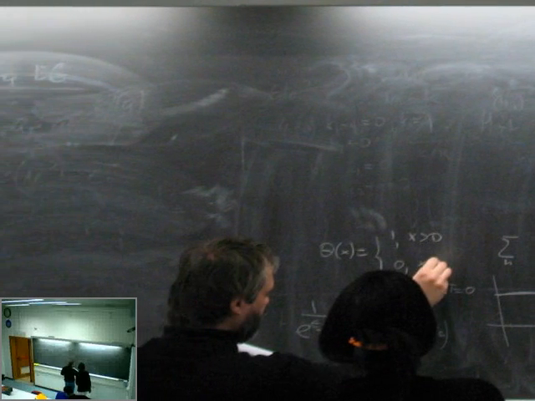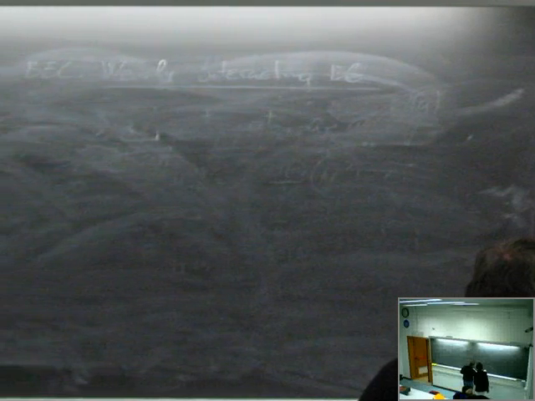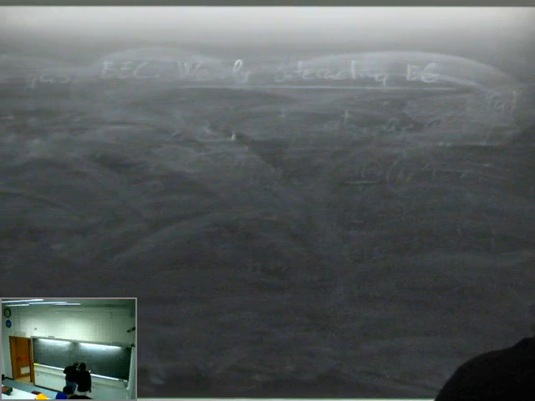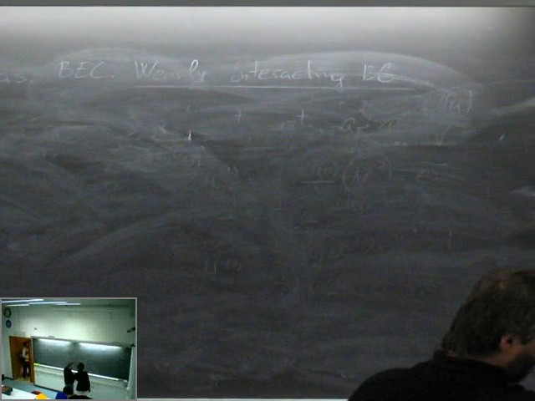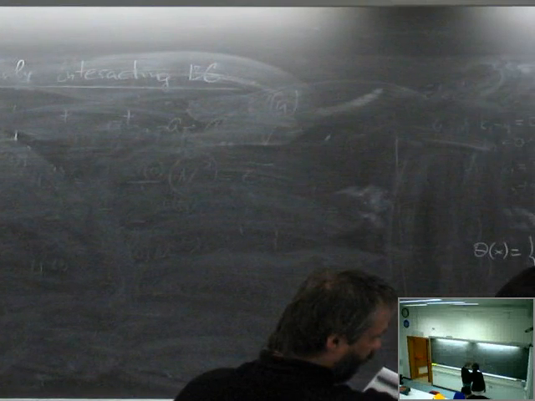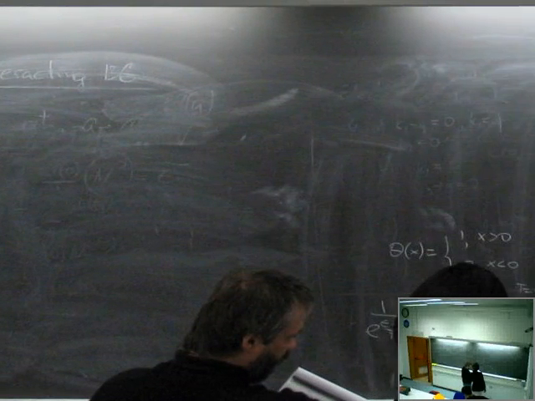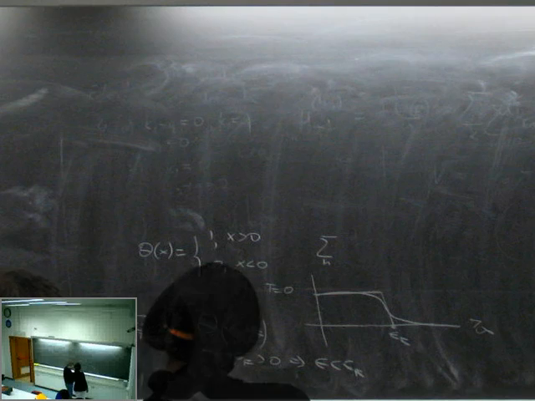So here, if minus epsilon plus EF is positive, then it is equal to 1, which means that epsilon is less than Fermi energy. Therefore, I replaced it by the step function, and I replaced the chemical potential by Fermi energy. So this is how the Fermi distribution function is defined.